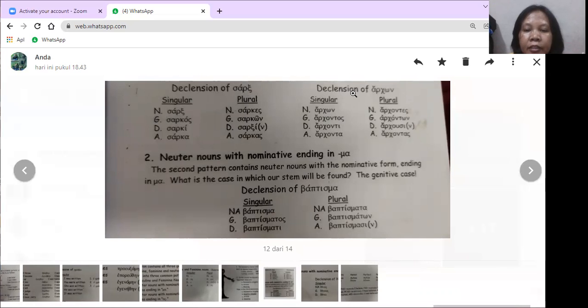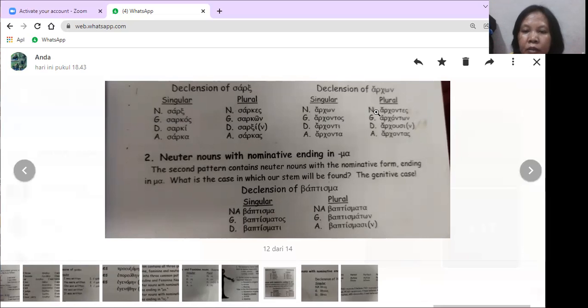Declension of archon, singular: nominative singular with the ending on, genitive singular with the ending ontos, dative singular with the ending onti, accusative singular with the ending onta.